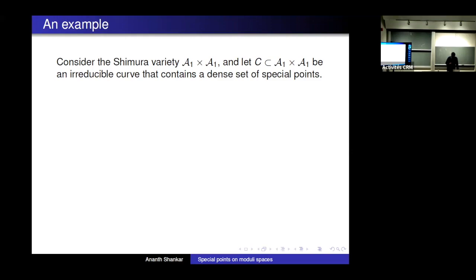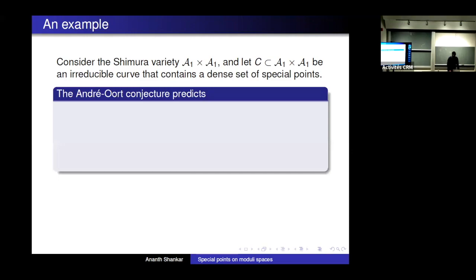Namely, if you have an irreducible curve that contains a dense set of special points, then is there a nice description of this curve? The Andre-Oort conjecture predicts that either your curve is going to be a point cross the second axis, or the first axis cross a point, where in either case the point is a special point.